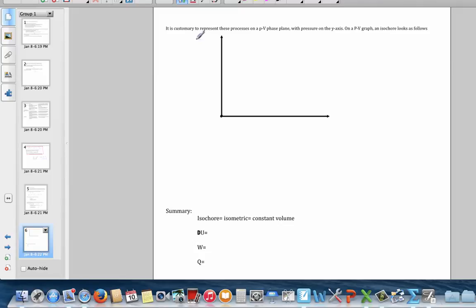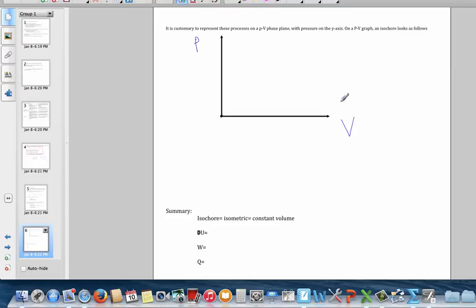Now, it's customary to represent thermodynamic processes in a PV plane, especially if we're looking at a gas as being the thermodynamic fluid. Now, there are many pressure units. You could use atmospheres, kilopascals, psi's, whatever, and volume could be cubic meters or liters, whatever you like. So we won't label those with units.